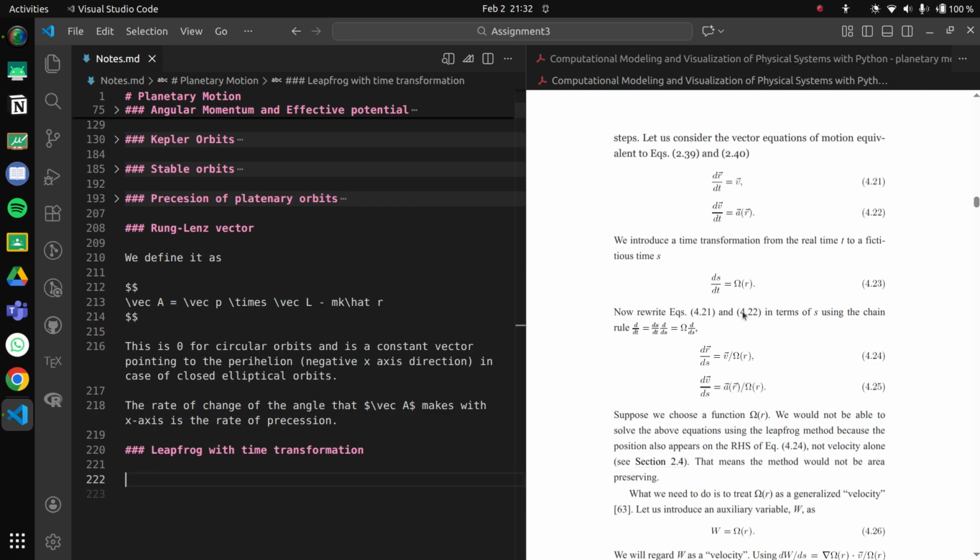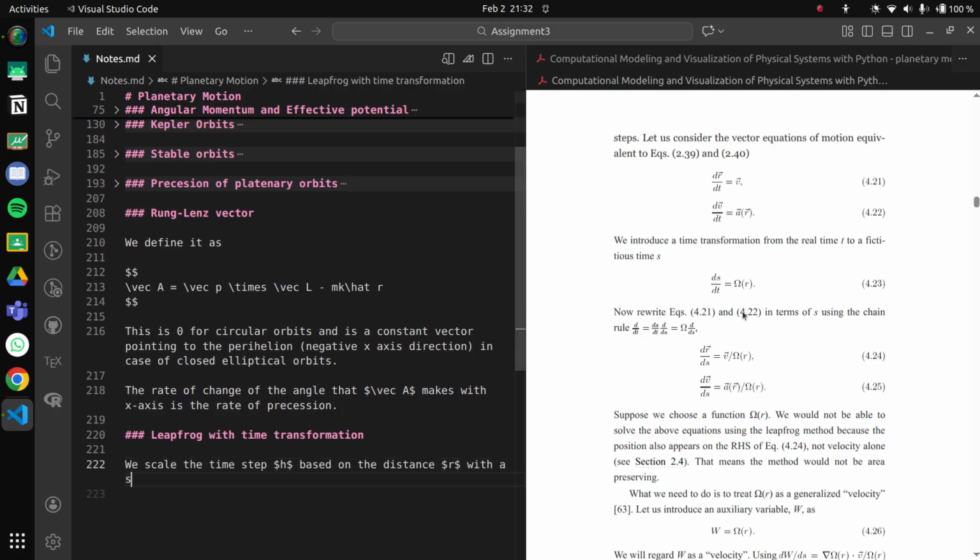So we scale the time step h based on the distance r with a scaling factor omega of r.